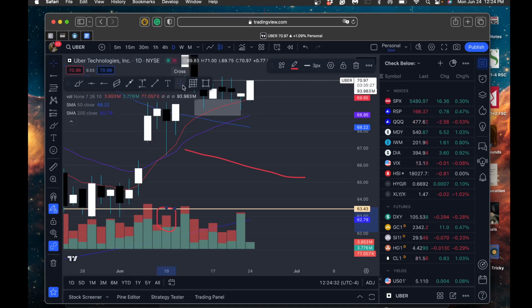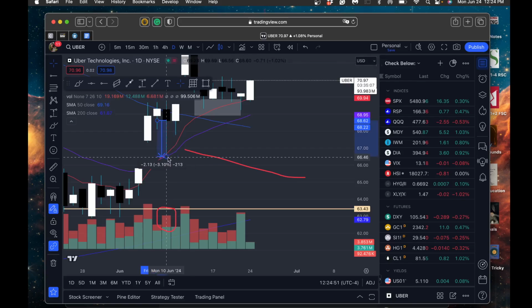So we must have sold off in the morning. We used some of our red power in the morning. We caught a nice sell-off from market open and traded down to right here. There must have been absolutely no buyers at all. The sellers just came in and bid it straight down.